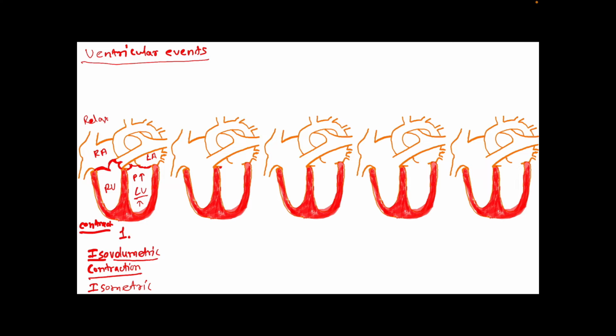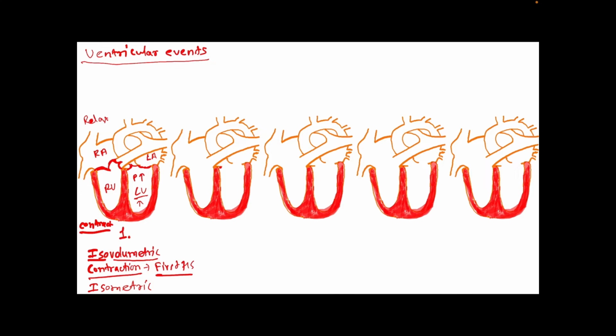The AV valves and semilunar valves are closed, that is, all four valves are closed. The time duration for this phase is 0.05 second, and the closure of the AV valve produces the sound which is called the first heart sound. So during this phase, the first heart sound is heard. This is about the isovolumetric contraction phase.